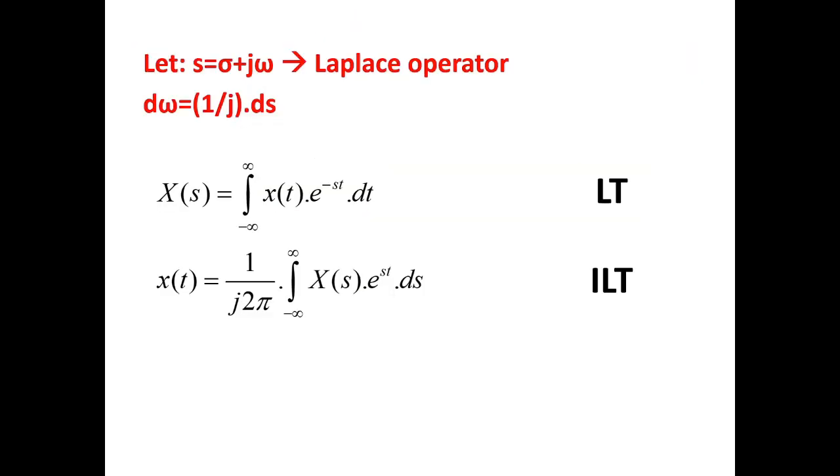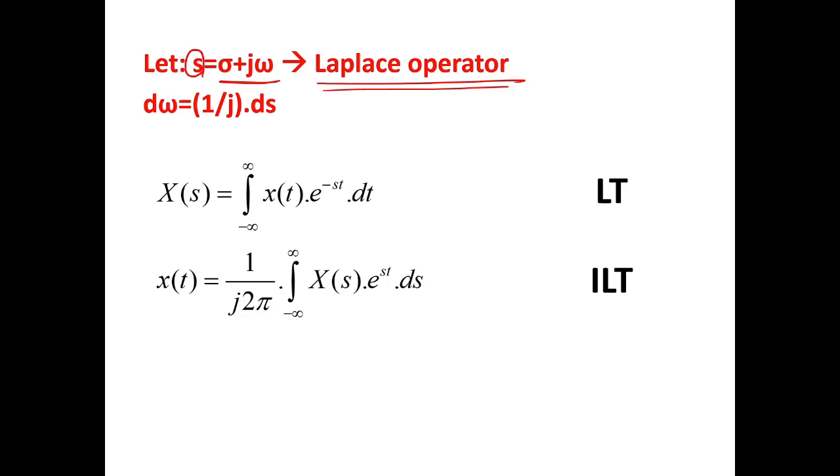Now, e to the power j omega t is the Fourier transform operator. But what we have got is a new operator, sigma plus j omega, which is represented by the letter s, and this s is regarded as the Laplace operator.